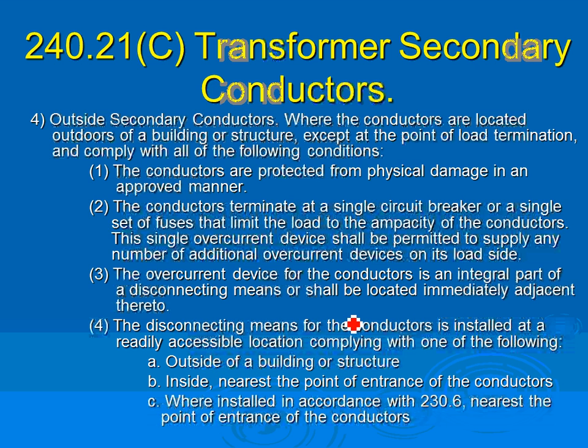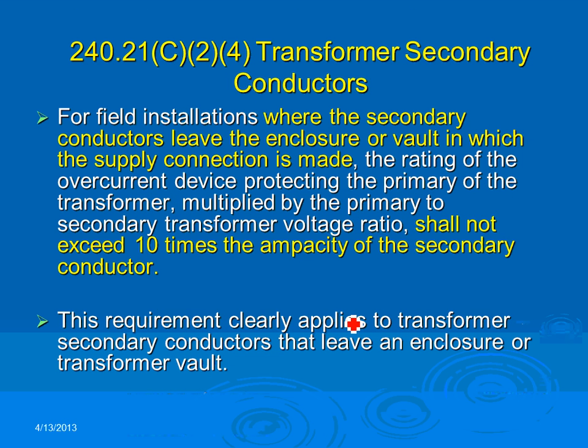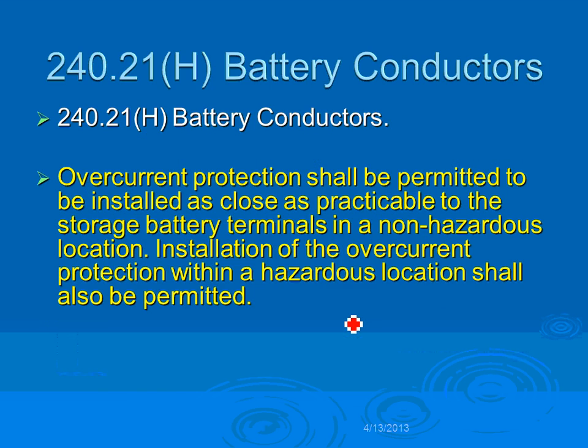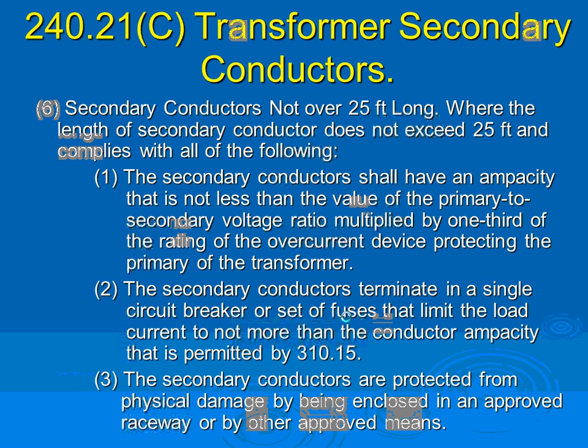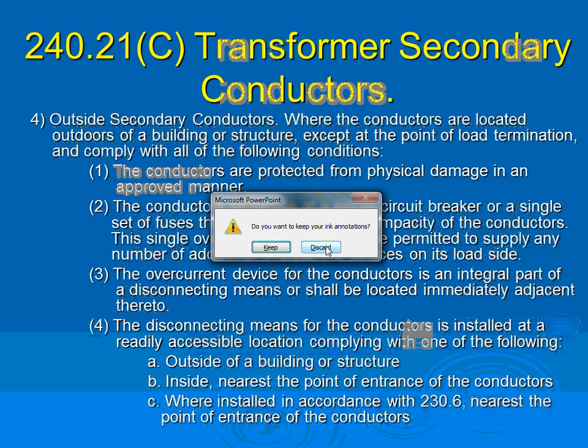For field installation, you can use the 1/3 overcurrent. Where does it say that? Secondary conductor protected from overload for transformers, 25 feet. It shall not be 10 times the secondary. Okay, we got that one. So for the 25 feet, let's do that one with the example that we just did.